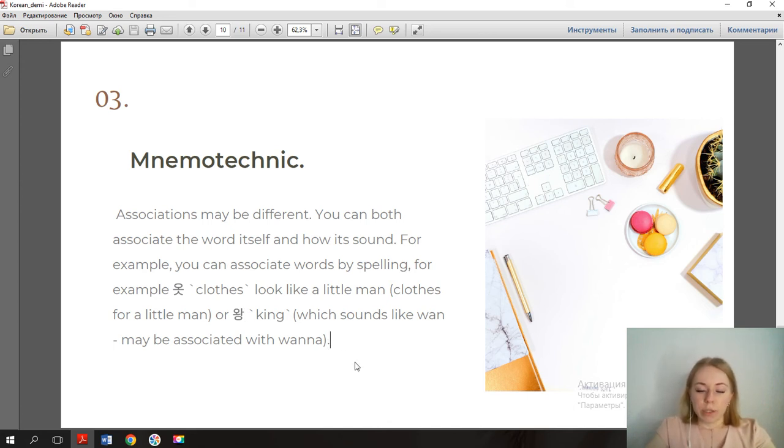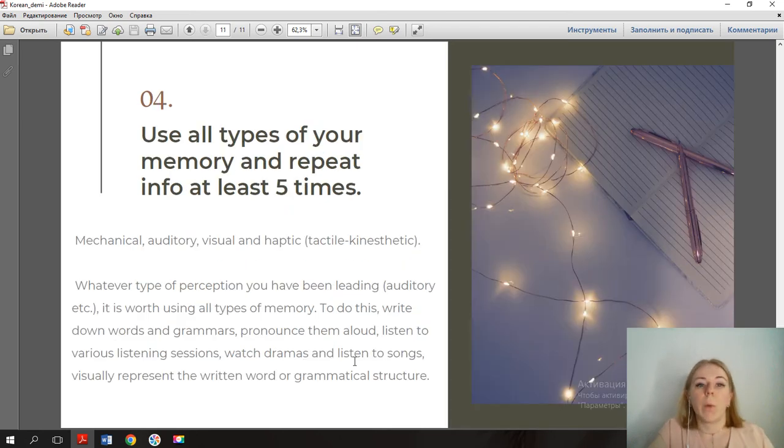Well, what's the next slide? The second one. Oh, okay. Use all types of your memory and repeat info at least 5 times. There are some different types of memory. There is mechanical, when you touch or feel something and you remember this information.